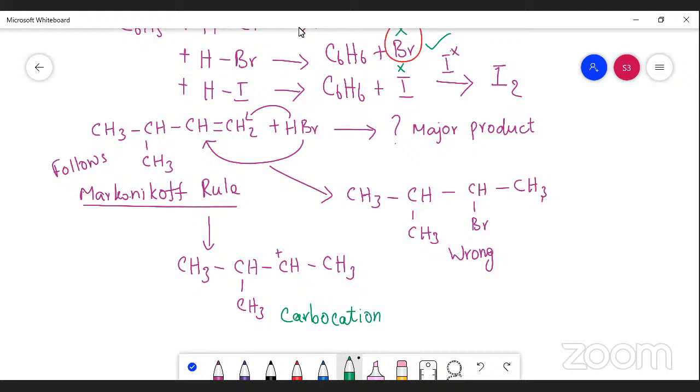If it is anti-Markovnikov, then we are undergoing the free radical mechanism. Now, this is the secondary carbocation. The secondary carbocation may be converted into tertiary because there is a possibility of that.